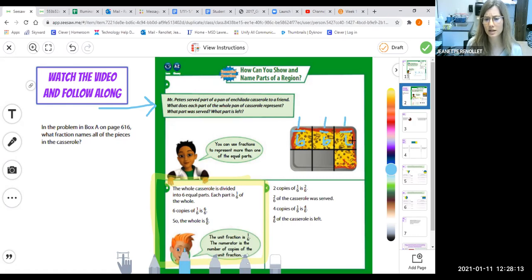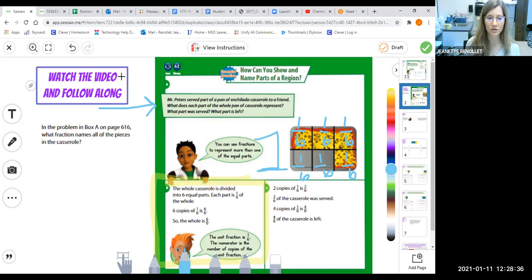This part is 1/6. This part is 1/6. Each of the 6 parts is 1/6. When you put all of them together, it equals 1 whole.